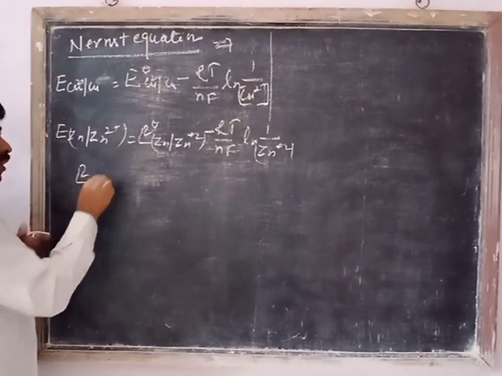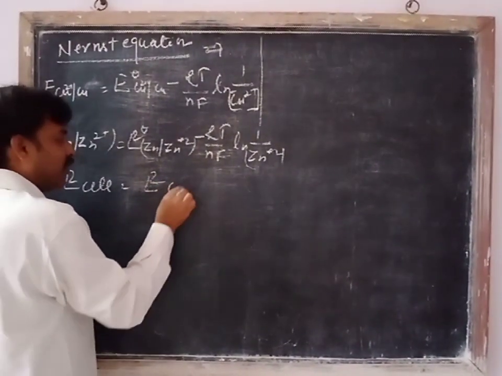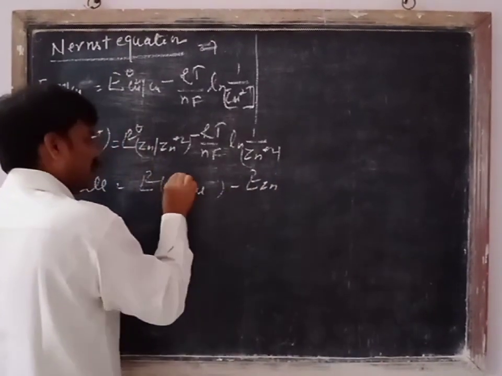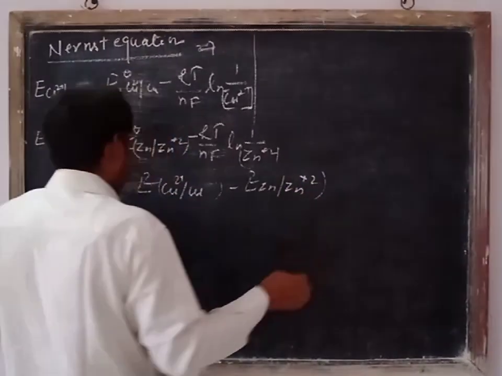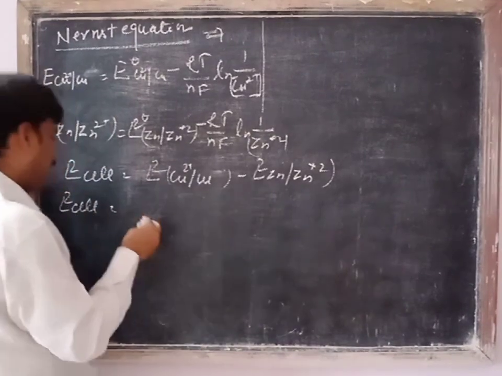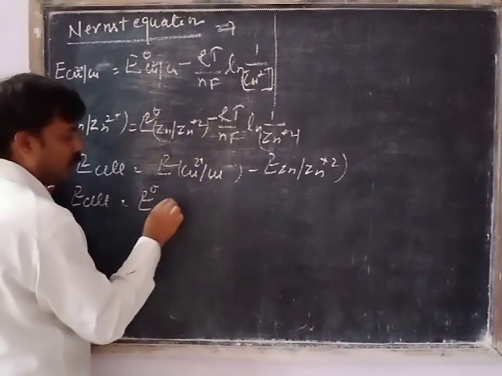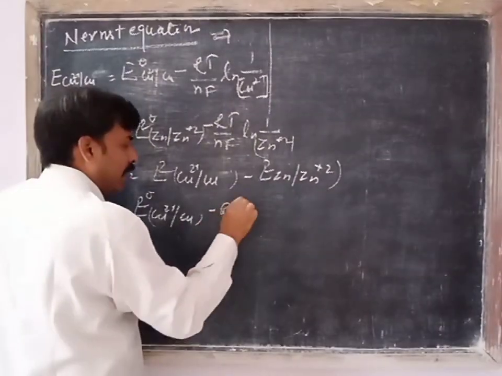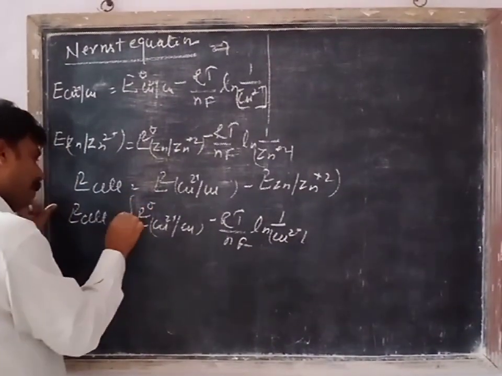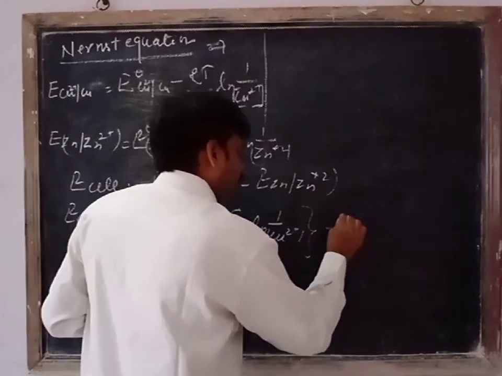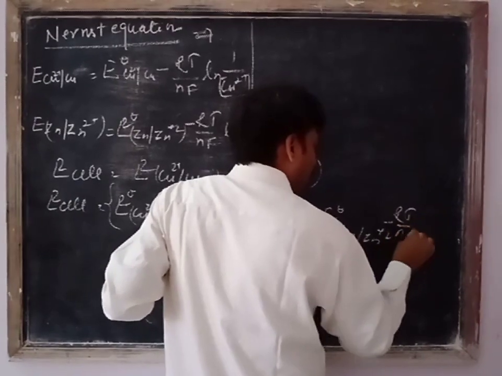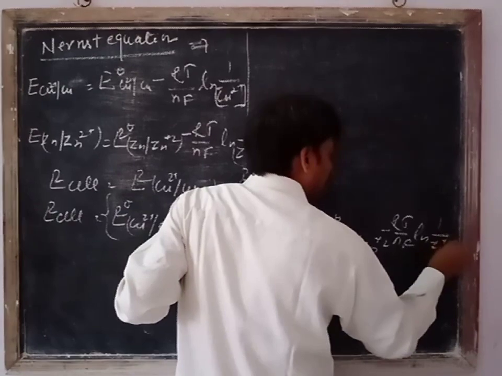So if you need to find E cell, it will be E cathode, that is Cu/Cu2+, minus E anode, that is Zn/Zn2+. Putting in the values of E cathode and E anode, E° Cu2+/Cu − RT/nF ln 1/[Cu ion concentration] minus E° Zn/Zn2+ − RT/nF ln 1/[Zn ion concentration].